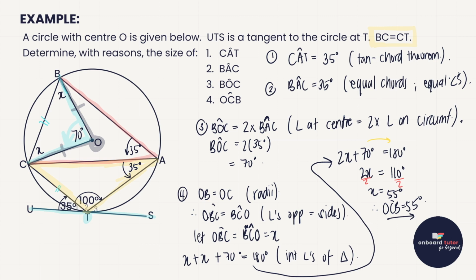And finally, when you get stuck with something like this, where we need to find this angle here, I again could go back and say circle with center O, and what does that mean? That means that every line that comes from O out to my circumference must be equal to each other because they are radii. And then don't forget to write that down and show it as part of your solution.